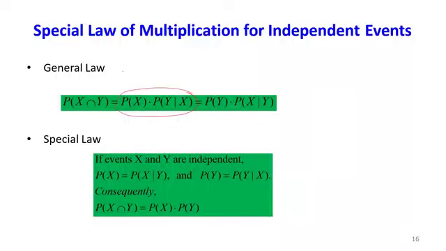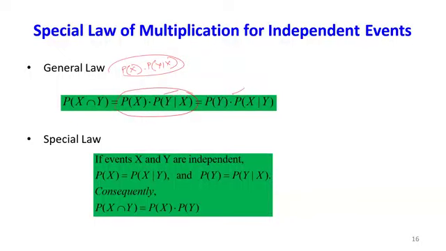For x we will go with a marginal probability, and if y is dependent on x, then we'll go with a conditional probability of y given x. Or vice versa, you can also write it as P(y) into P(x given y). So depending on which event is dependent on which event, you can go with any of these formulas.